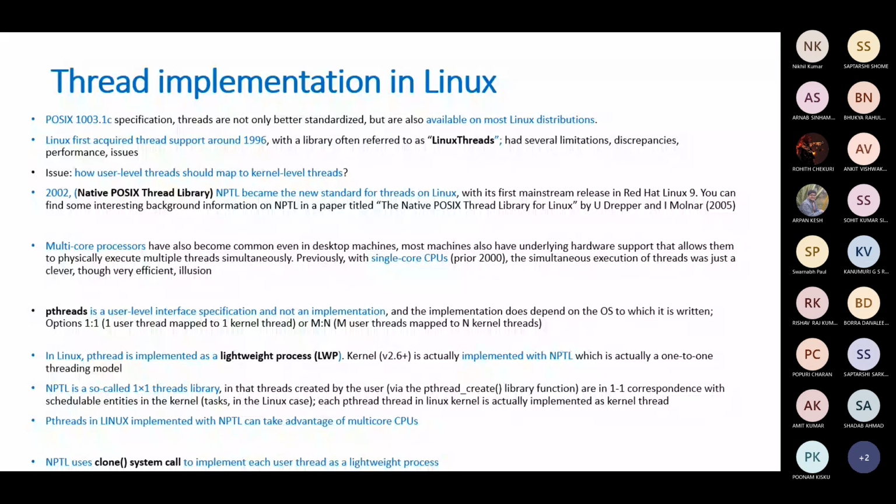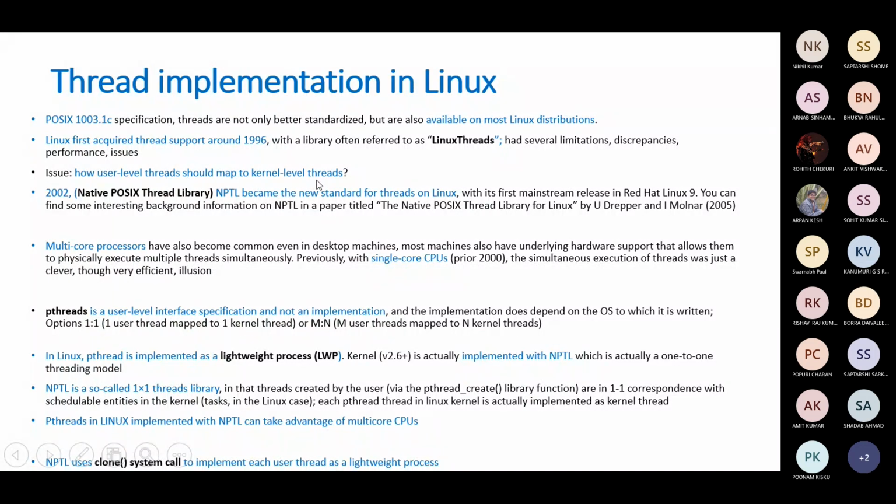But because it was the first time that the idea of multi-threading, of threads, lightweight processes, came, it had several limitations, discrepancies, and performance issues. The most important issue was how many user level threads should map to kernel level threads, or whether this implementation would be a kernel level implementation or not. These are the issues that needed to be resolved.